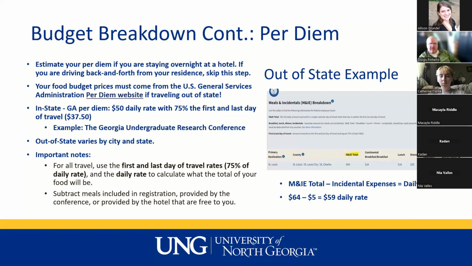You're going to get your per diem from this website, adjust for first and last day of travel, because first and last day of travel, it's 75% of the daily rate. And for Georgia only, if you're going to travel in state, the per diem is a flat $50 daily rate.